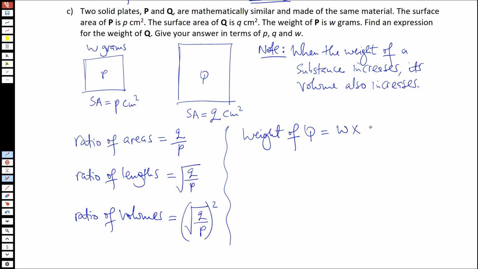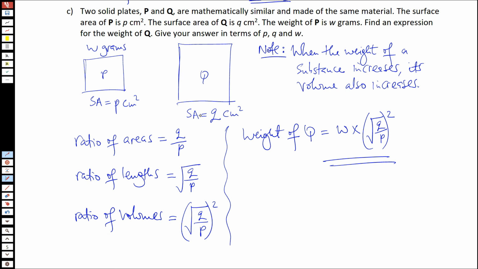So that will be equal to W times the square root of Q over P, squared. And that's the weight of Q in terms of P, Q, and W.